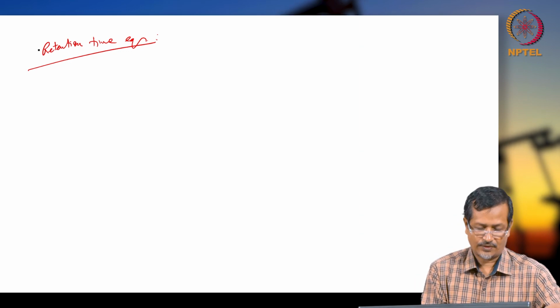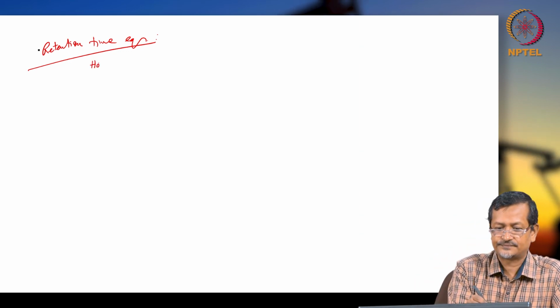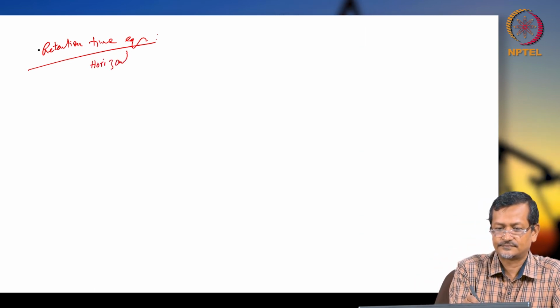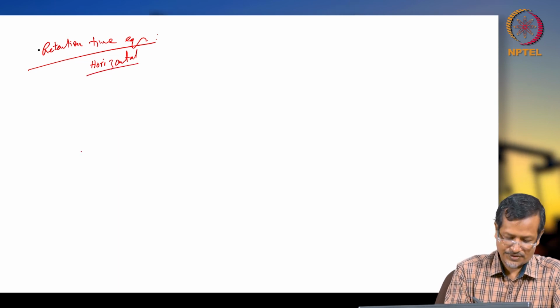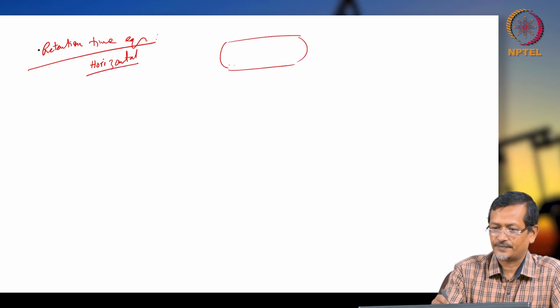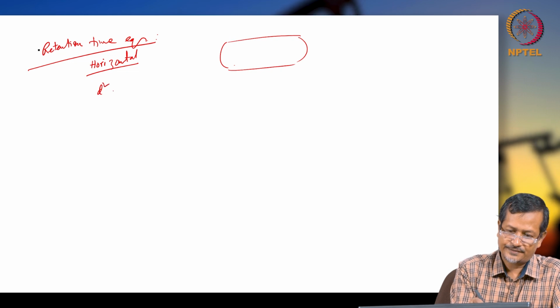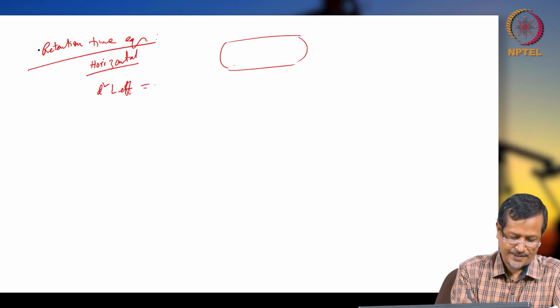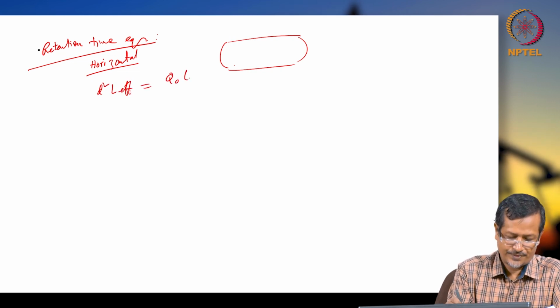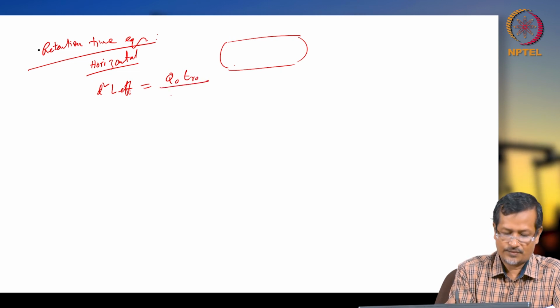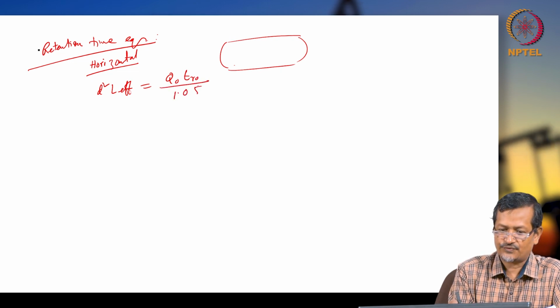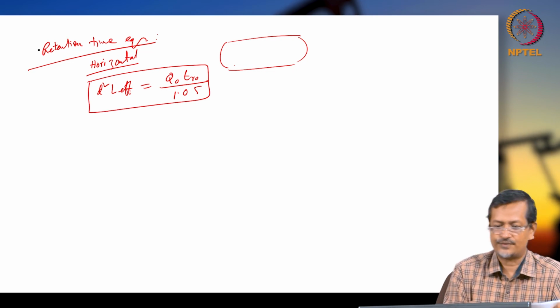Okay. Now for horizontal vessel, d square LEFF equals QO TRO 1.05. Okay, this formula we will try to derive.